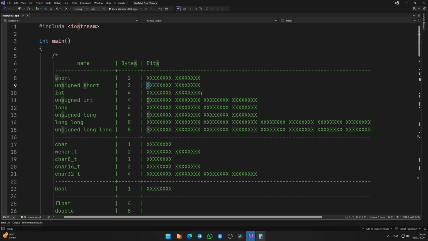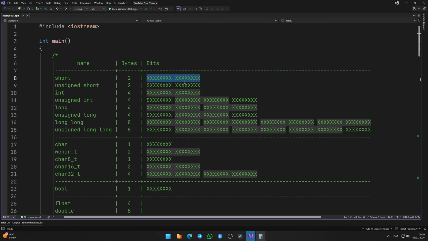The only difference is that they occupy more memory. For example, short ranges from -32,768 to 32,767, while unsigned short goes from 0 to 65,535. That's because the keyword unsigned tells the compiler to use all bits for the value itself, no sign bit, which means you lose the ability to store negative numbers, but your positive range doubles.